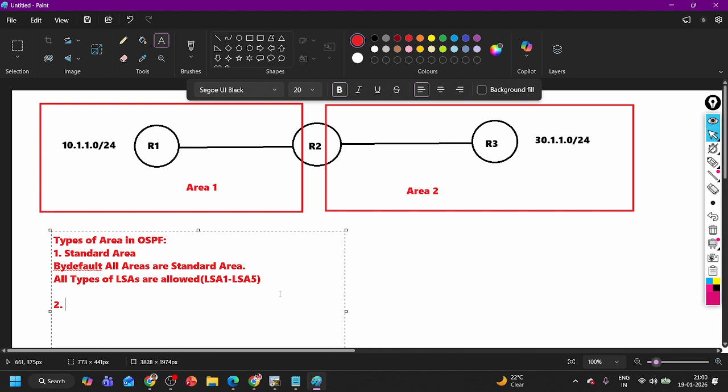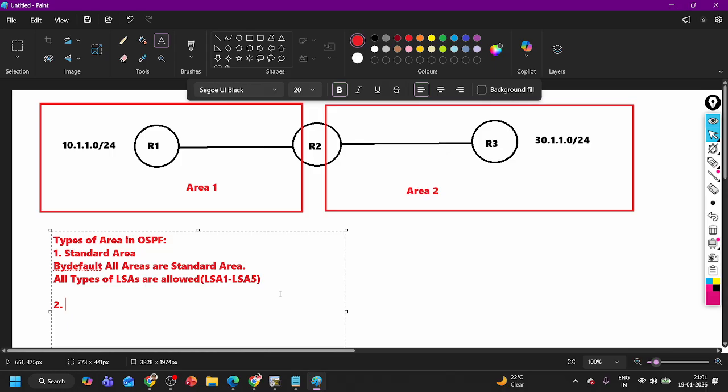The ABR generates summary LSA, LSA 3, to share inter-area prefixes. The ABR only generates LSA 4 to share ASBR information, and the ASBR generates LSA 5, external LSA, to share external prefixes in the OSPF domain. This is what we had discussed.